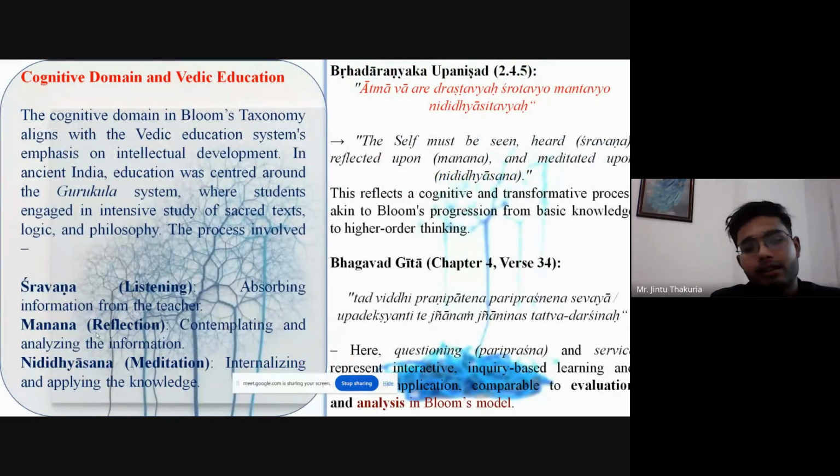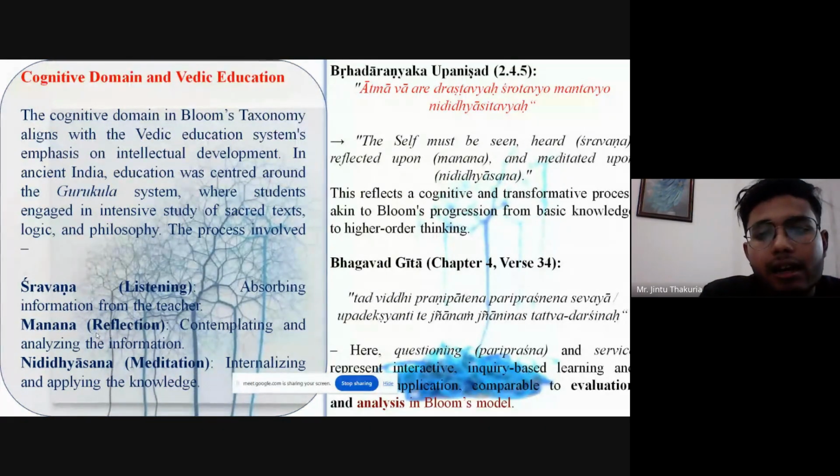You see, in the cognitive domain, in Bloom's taxonomy, we can see that there is a similarity between what Bloom's taxonomy states and what the Vedic education system had applied. We had three methods: Sravana, Manana, Nididhyasana, meaning listening, reflection, meditation.